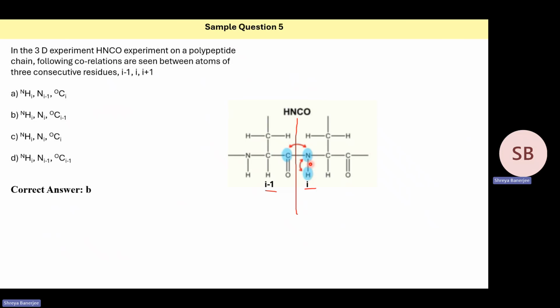So it is called HNCO, CO because it's the carbonyl group. So this is matching with option B, where you have the magnetization starting from the amide hydrogen of i, going to the amide nitrogen of i, and then going to the carbonyl carbon of i minus 1. So the correct answer is option B.